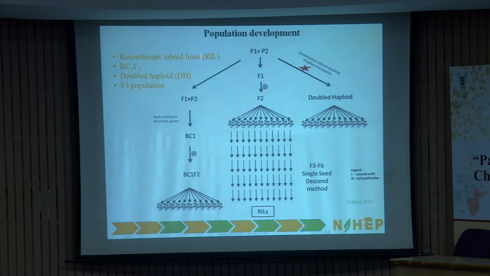You will have one resistant parent and one susceptible parent. They have different kinds of backgrounds, and you are interested in the target gene, and you cross them. The background will be the same until this generation. If you pool P1 and P2 DNA and you pool RIL DNA, it will be the same. But recombination is happening over the generations.